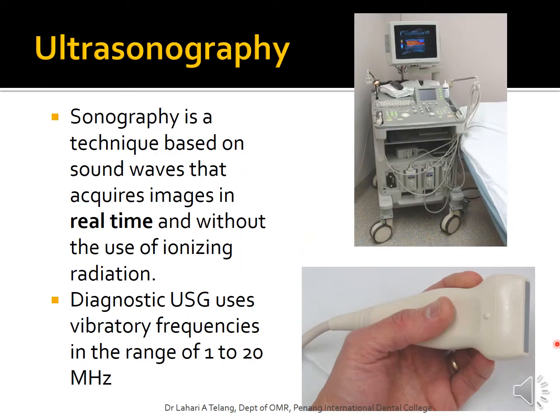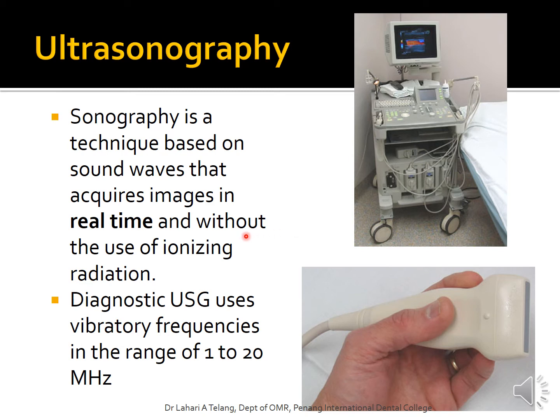Moving on to ultrasonography. That's how an ultrasonography machine looks like, and this is what we call a transducer or a receiver. Sonography is a technique based on sound waves that acquire images in real time. That means as the patient is sitting down and the area is moving, you can actually visualize the moving parts of the body.